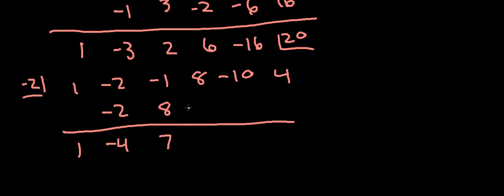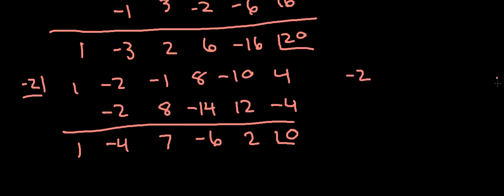Minus 2 times 7, minus 14, that's going to give us minus 6. Minus 6 times minus 2, well, that's going to give us positive 12, which will give us 2. Minus 2 times that, that's minus 4, and this is a 0. So minus 2 is a zero.